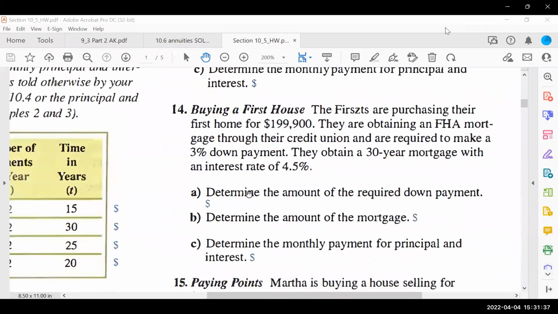All right. So why don't you guys try number 14? Let me put the assignment in the chat room if you don't already have it. So try number 14 out, and let me give you guys a file just in case you don't have it. So here it is.